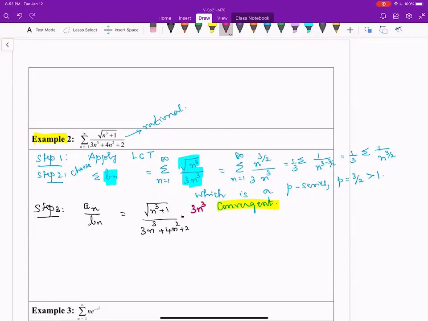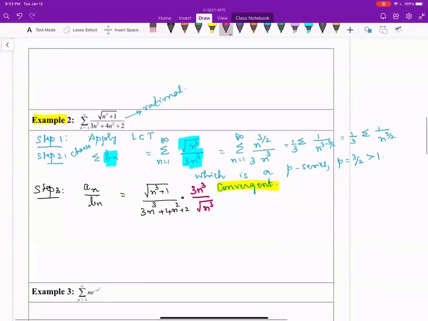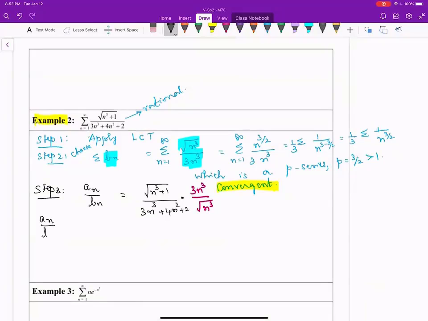So it is 3n cube divided by square root of n cube. So we get an over bn equal to square root of n cube plus 1 over n cube, everything within the radical. Then the numerator is 3n cube, and the denominator is 3n cube plus 4n square plus 2.